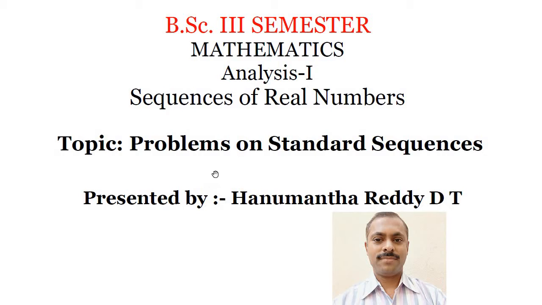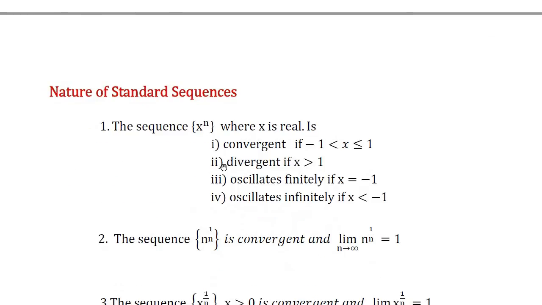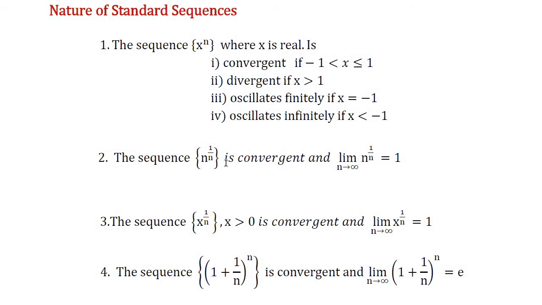In this session, we solve some problems on standard sequences. We already know that there are four standard sequences and their nature. First one, the sequence x power n where x is real. Here, the nature of this sequence depends on x.